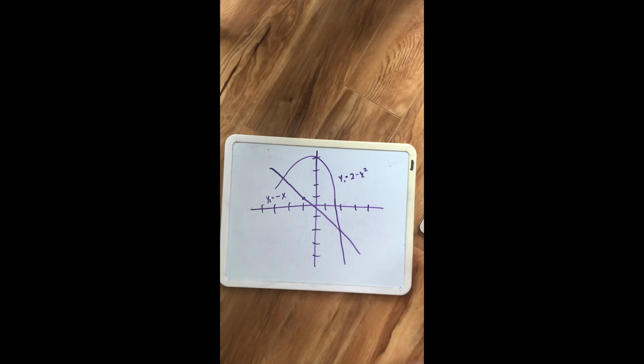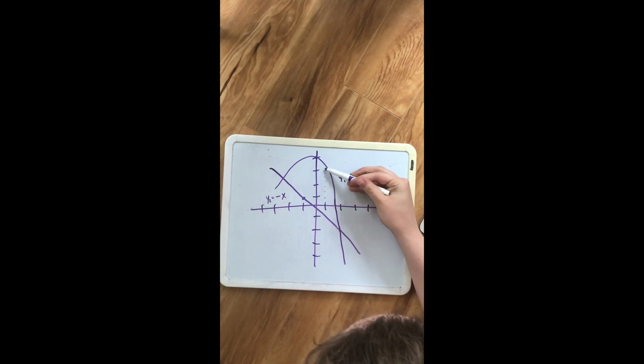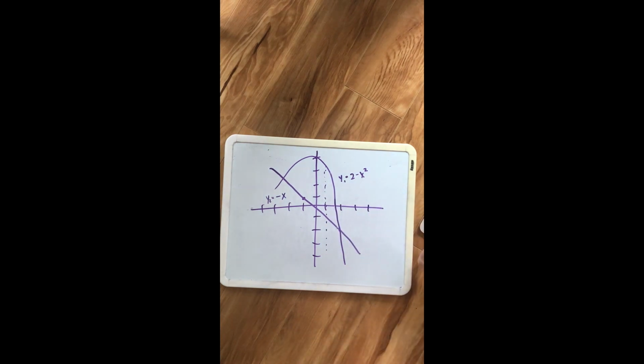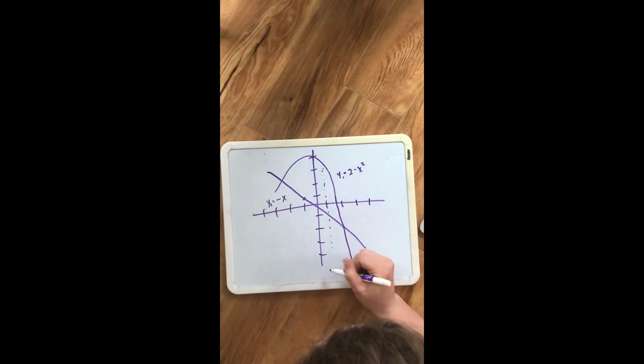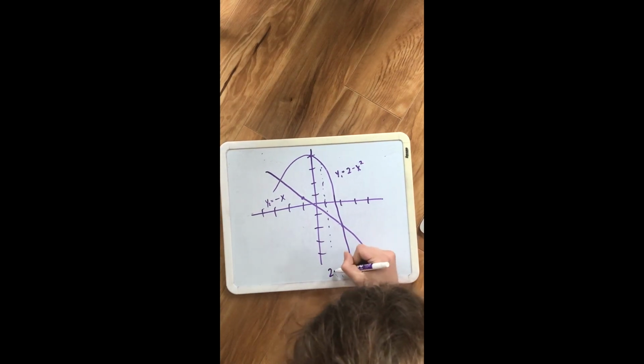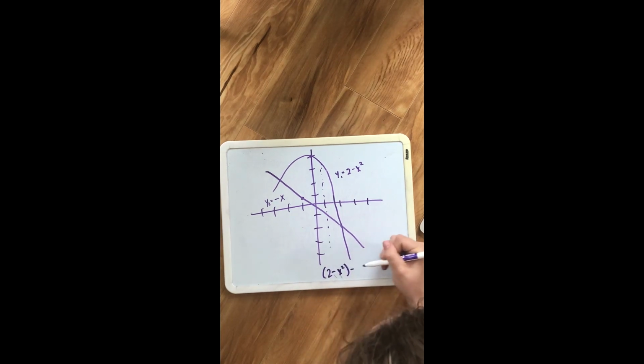Consider a vertical strip on the line x equals 1. We can say that the length of this strip is y1 minus y2, or 2 minus x squared minus negative x.